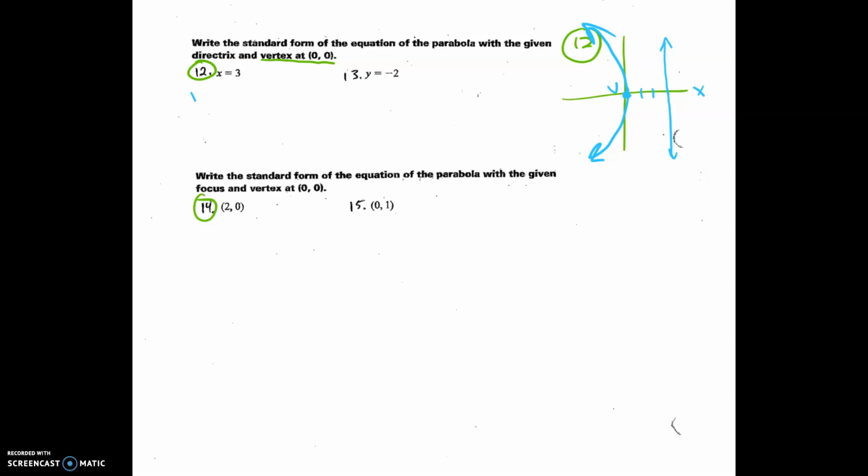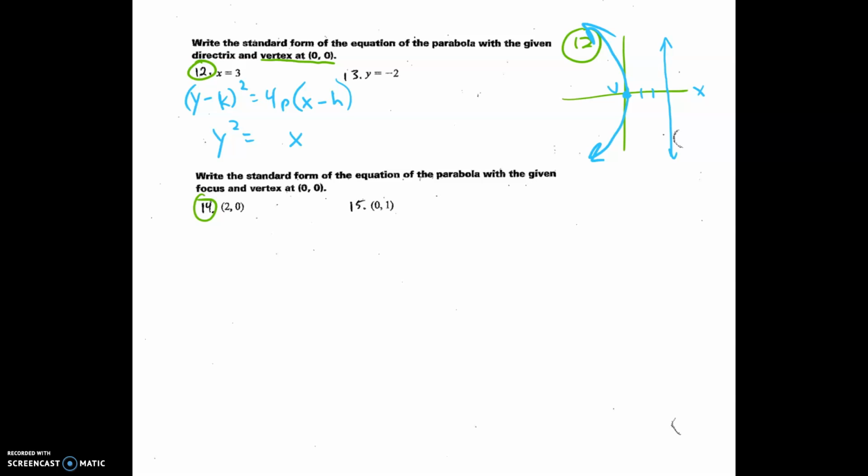And so I know that it's going to be y minus h squared equals 4p times x minus, it's not y minus h, it's y minus k, of course. So y minus k squared, and then we got x minus h there. Well, they're both 0, right? H and k, they're both 0. So we have y squared equals, and then we have x minus 0, which is just x.